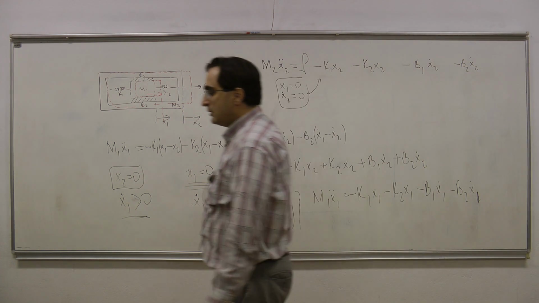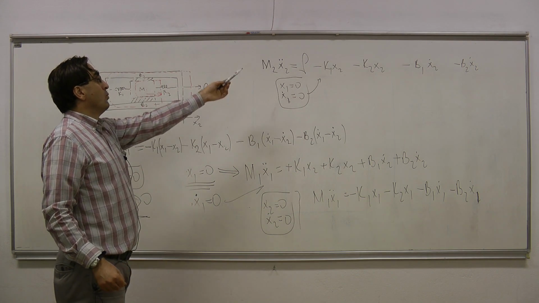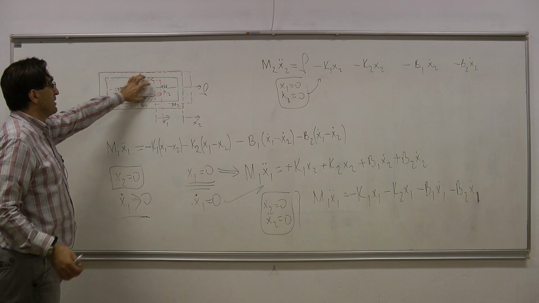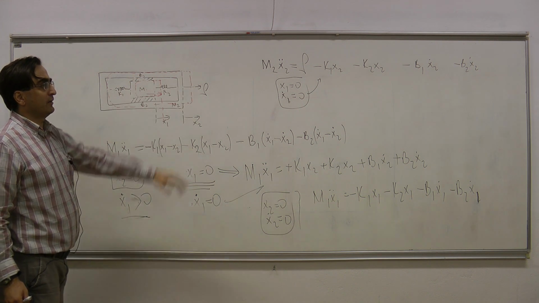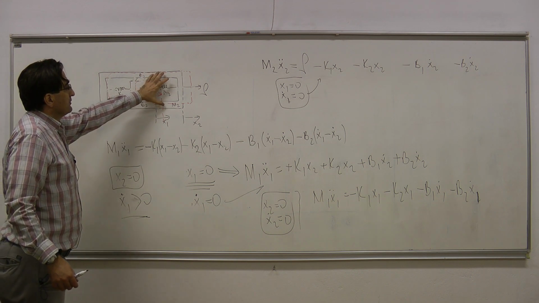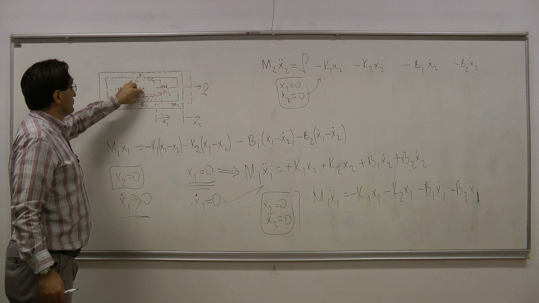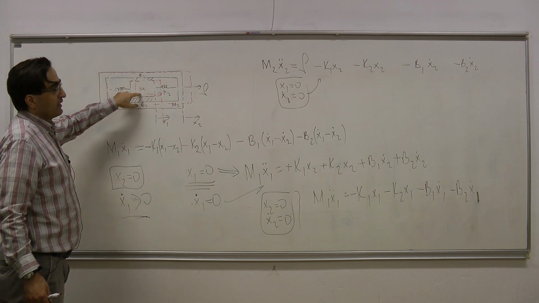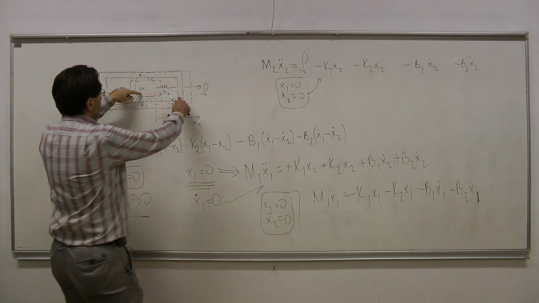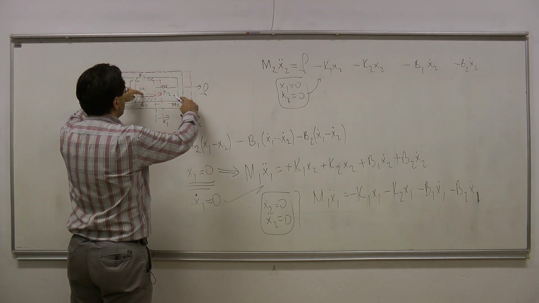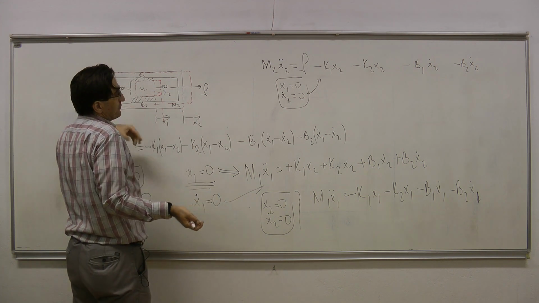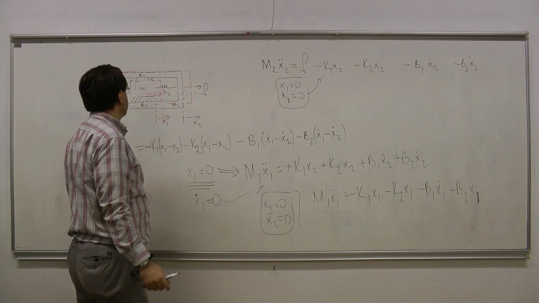So these are the cases when X1 is equal to 0 and X1 dot is equal to 0. When this mass is fixed where it is, I would have these equations. But what about when M1 is moving at the same time as M2? If the displacements of M1 and M2 are the same, then these springs will be neither squeezed nor expanded.